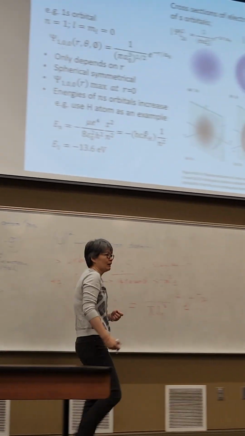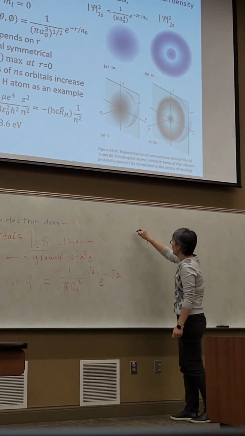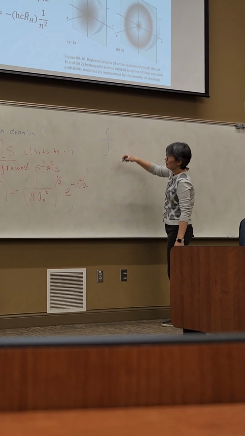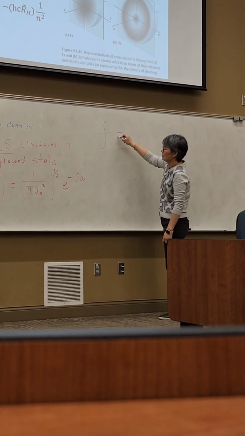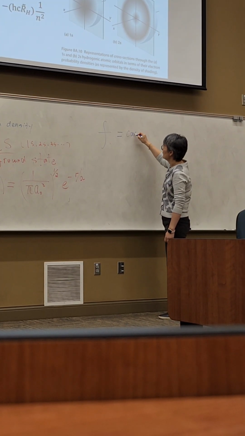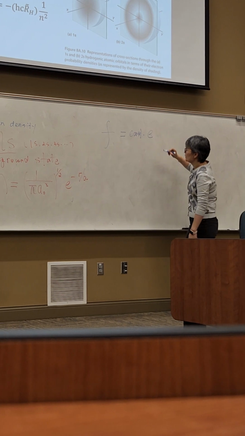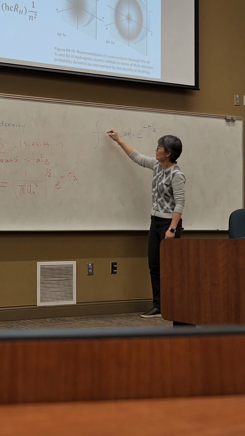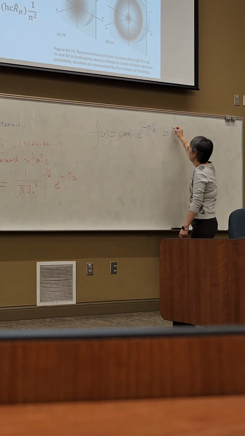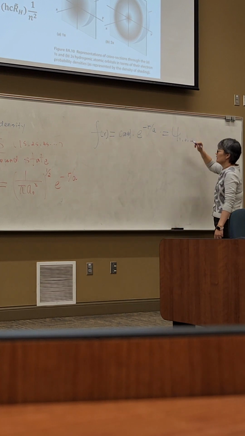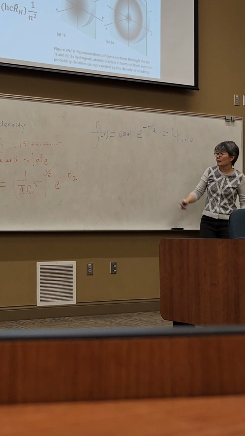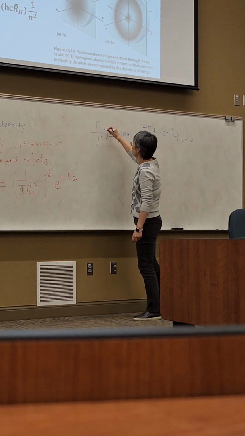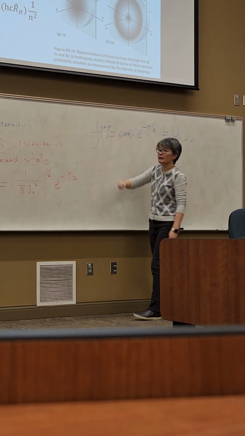Because if you think about it, I have a function here for this wave function, right? So that will equal a constant times the e function. This is an exponential decay. This is our wave function, and it actually depends on r, theta and phi.